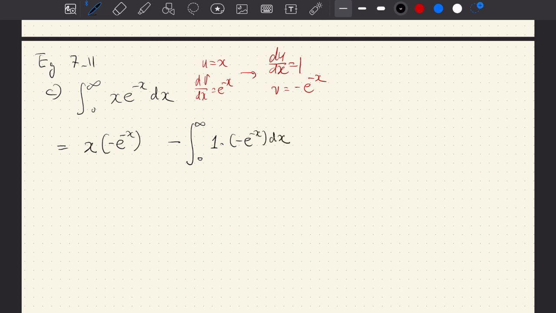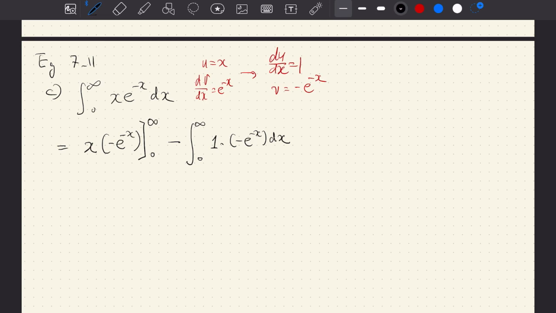But remember that we are doing a definite integral, so here you also have infinity and 0. You have to evaluate at infinity and 0, and then subtract them.